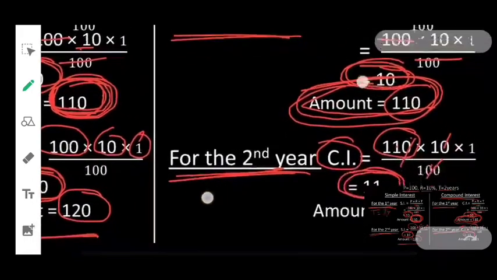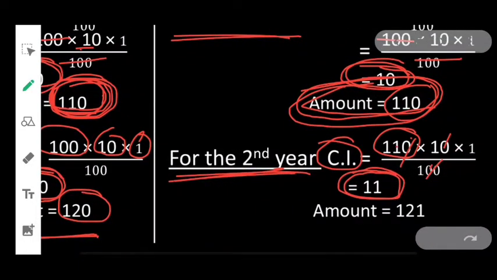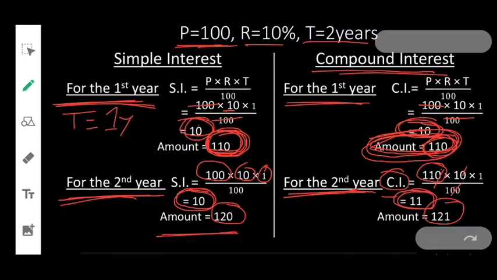Now the amount for the second year will be the amount at the end of first year, that is 110, plus compound interest for the second year, so that is 121.